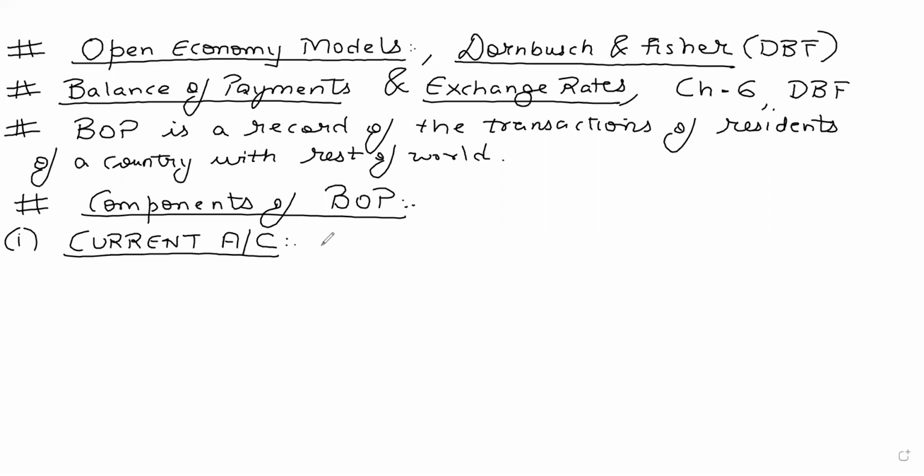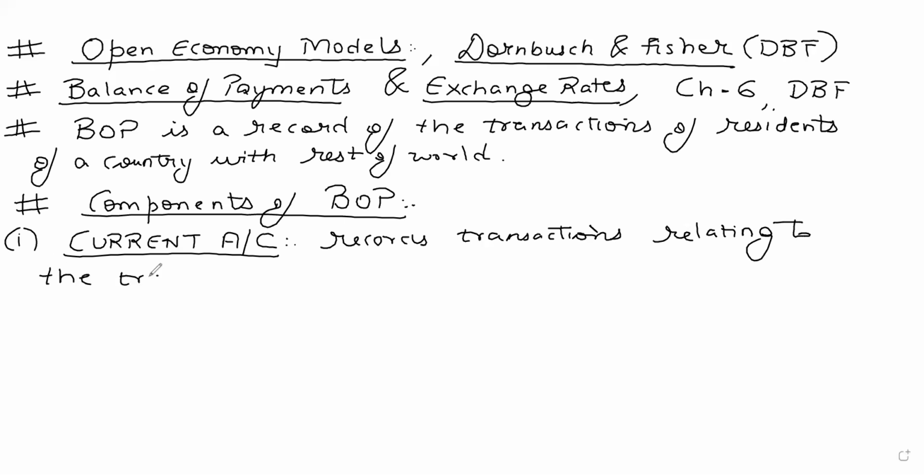The current account records transactions relating to the trade in goods and services. Goods are visible and tangible, while services are not visible and intangible. It also records transfer payments.